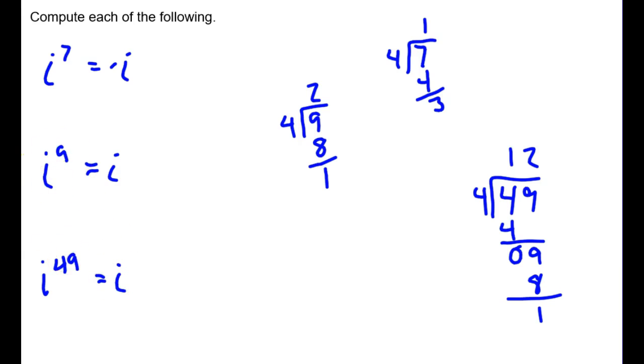Notice i to the 9th, i to the 49th, because of the pattern for powers of i, they both simplify down to just i. Make sure you understand how to divide these powers by 4 to find the remainder and follow the pattern to see what they simplify down to.